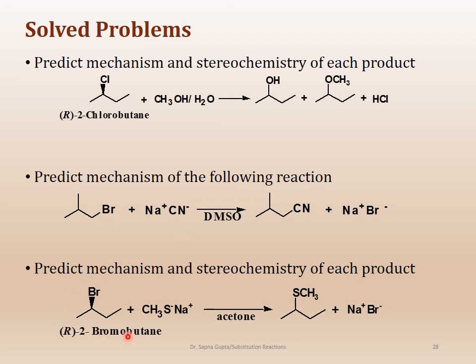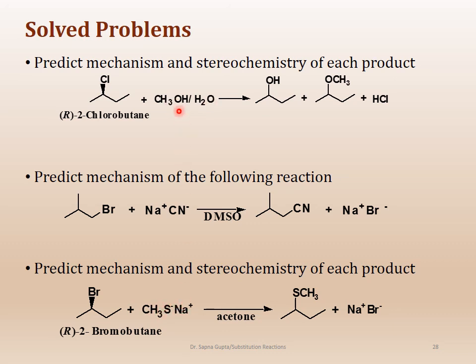Here is the mechanism for R-2-bromobutane. Now this substrate is similar to the first one. We had chlorine as a leaving group there, but now we have bromine as a leaving group. And of course, our nucleophile has changed a lot. Here we have a thiolate, CH3S minus. As soon as you see a minus, you know you have a good nucleophile.